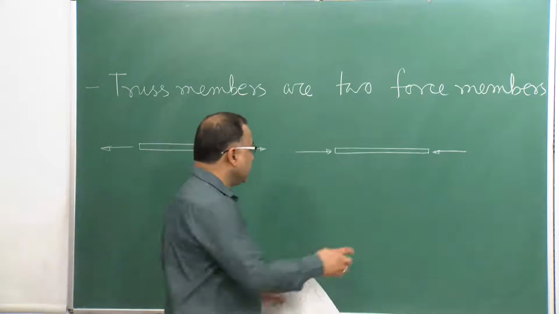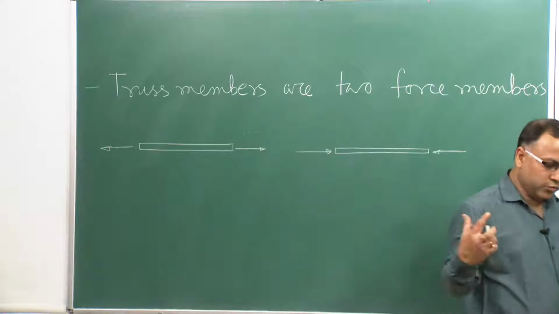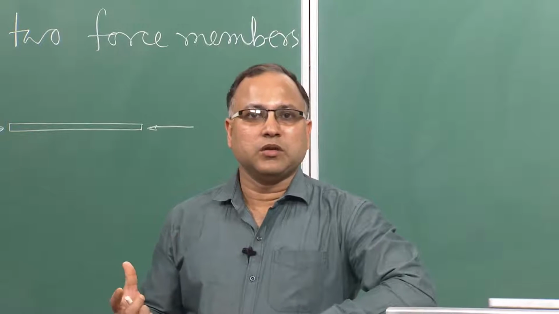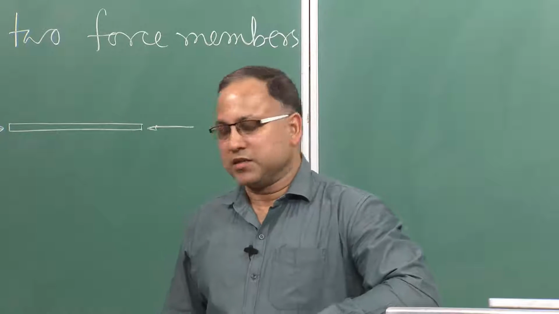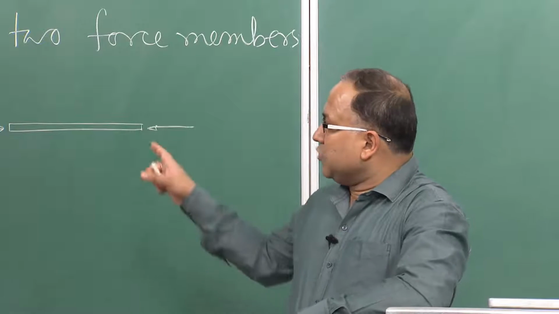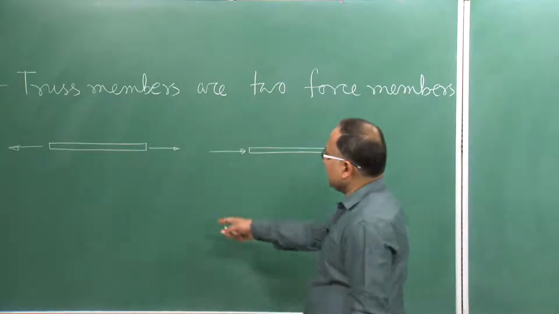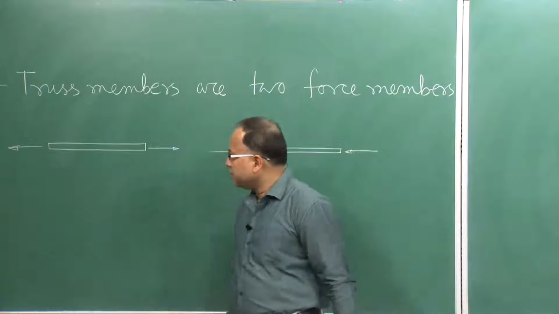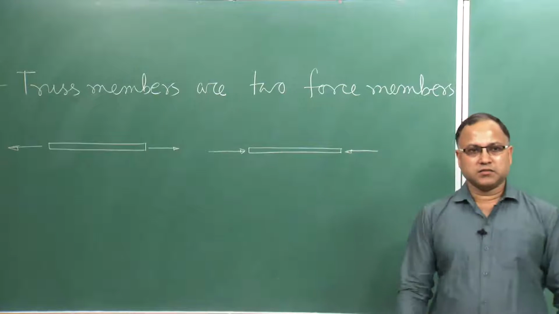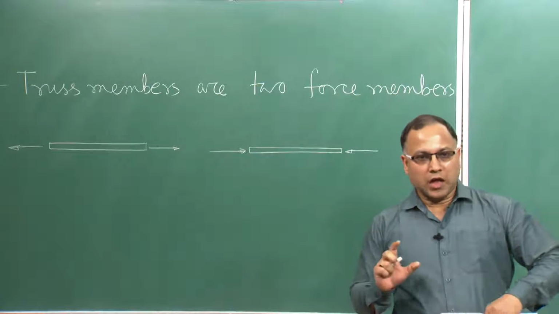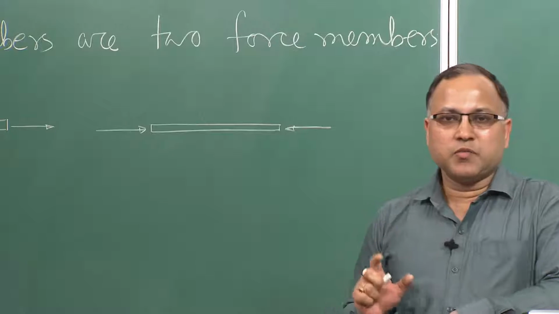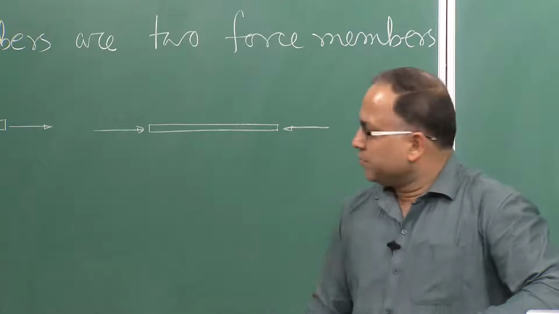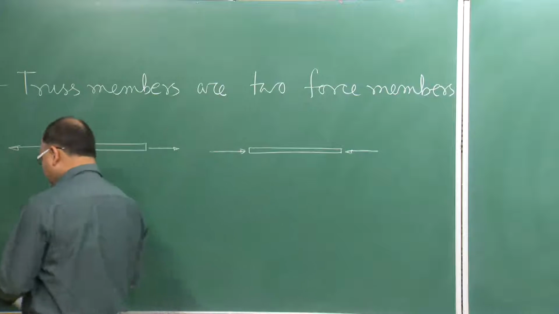These forces are equal and opposite, as in the two force member details we covered in previous lectures. Apart from tensile and compressive, we cannot have any other type of member, because this is a two force member.